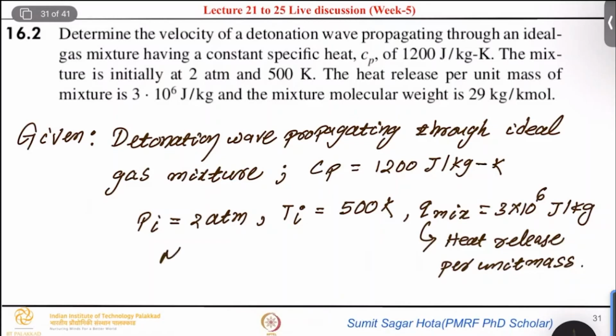Now the molecular weight of the mixture is also given, which is 29 kg per kilomole.